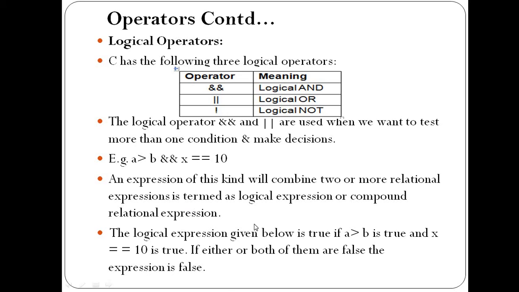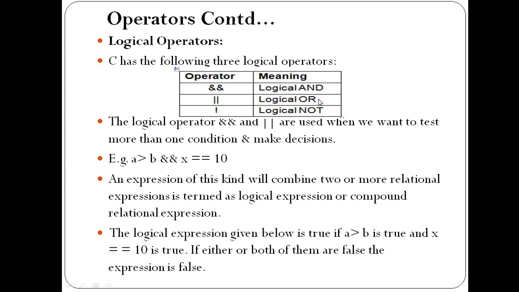So the logical expression is true only if A is greater than B and X is equal to 10 also. If either or both of them are false, then the expression is false. If any one condition is false or both are false, then the logical AND operation will be false.